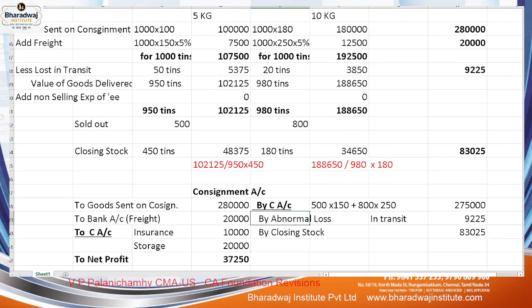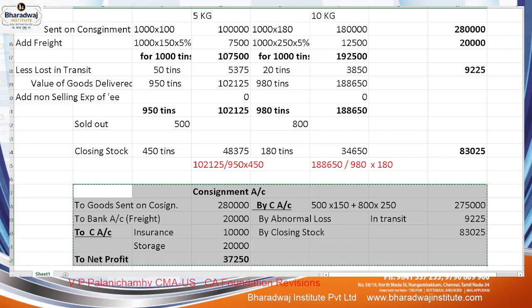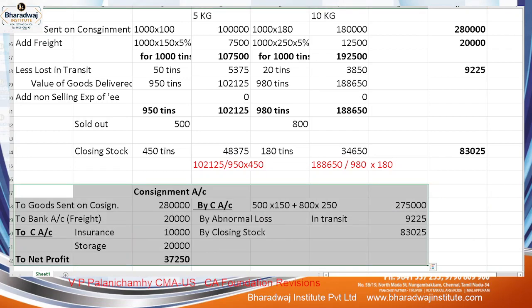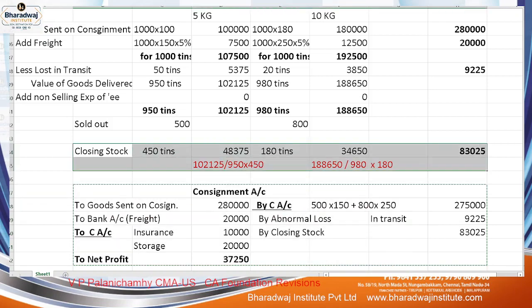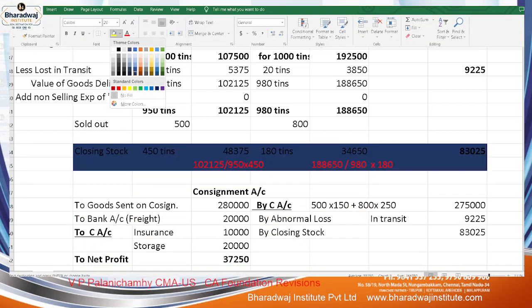That will come in the abnormal loss account. For example, when you're asked to prepare abnormal loss account, I'll also do that account. Okay. Let's complete this. First complete this, then we'll go for that.